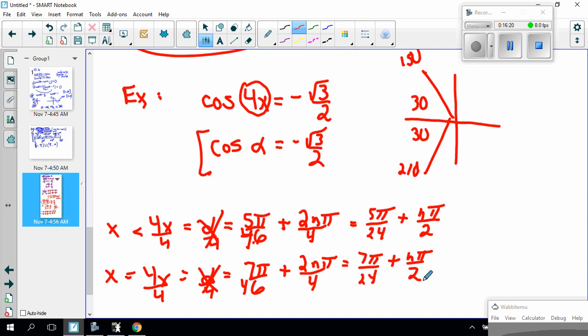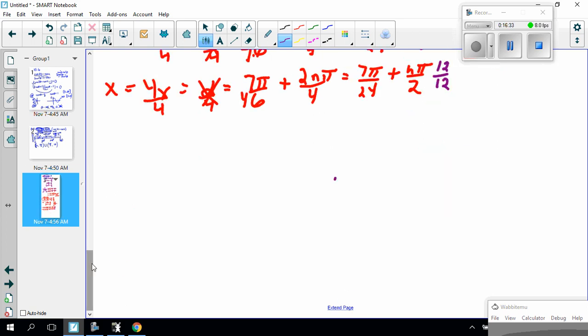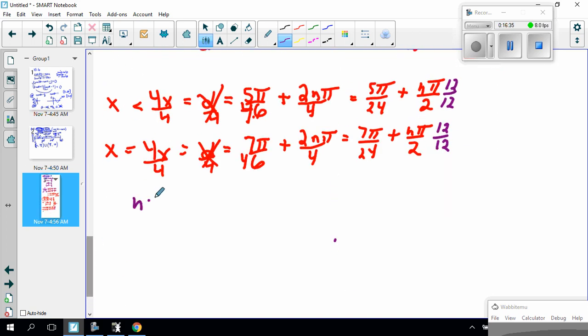Here's the trick to work in radians. Get the common denominators to be the same. So put 12s in there. And watch this. We're going to zing out the answers. So you go n equals 0. This stuff isn't there. 5 pi over 24, 7 pi over 24.